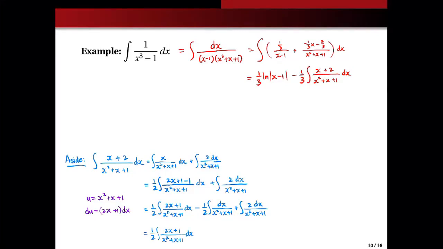Whereas for this, you have 2 minus 1/2, that's 3/2. So plus 3/2 integral of dx over x squared plus x plus 1. So for this guy, I can do this u substitution here.